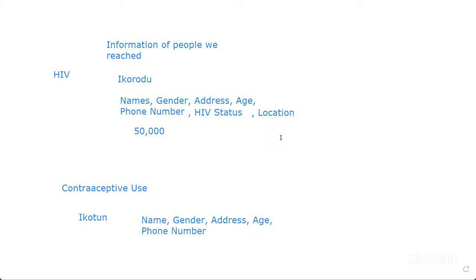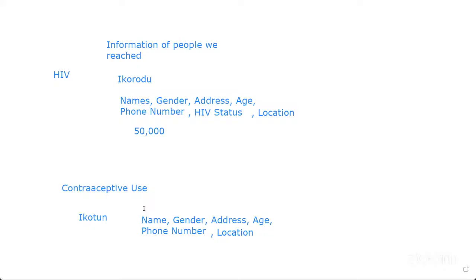If I go to Igbera, then location will be Igbera, but I can put the names of people I'm reaching out to for HIV under the HIV table because they are still under my focal point, which is HIV. If I'm reaching out to another community for contraceptive use, I'll just add location there. When I get to Ikotun, I'll just write Ikotun, but I can continue using the name and the age. So that's one of the reasons why we can have multiple data tables.